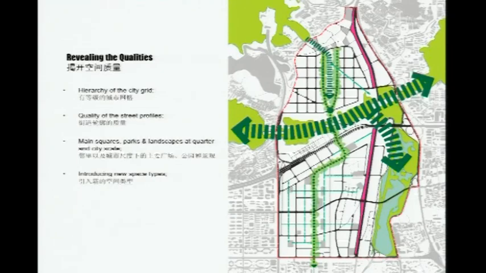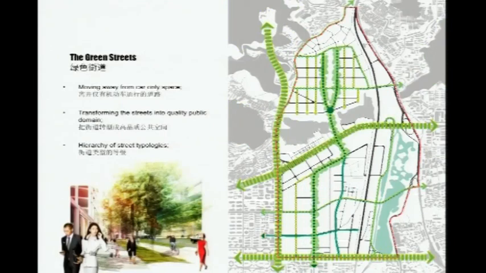And you see here that this reveals the green qualities, the existing qualities: a connector here, another connection there, and also an inner connection over here, increasing the green network that goes along with the mobility network.